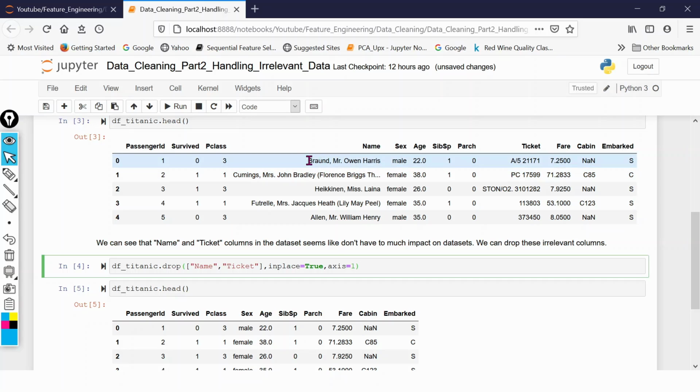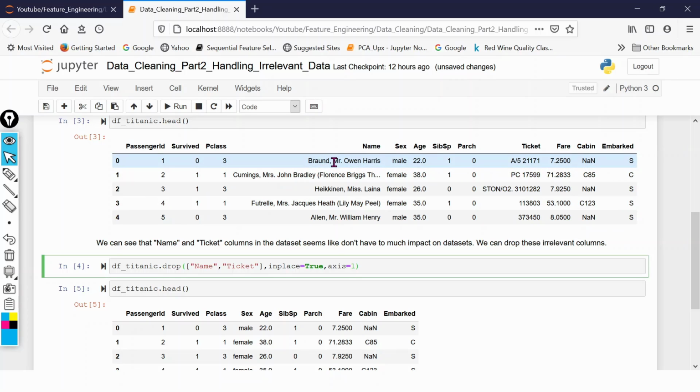As you can see here, there is Mr., Mrs. and Miss, so there is some relevant information we can find inside this particular name. If we extract some useful information from this name, like whether she is Miss, whether he is married, whether he is not married, these types of information we can get from the name.